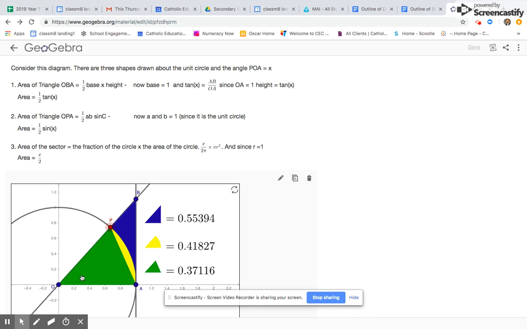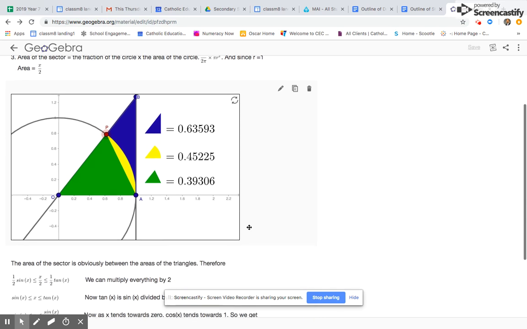If you remember radians, 360 degrees was 2 pi. So what we get is theta over 2 pi times pi r squared from up here. But we know that r equals 1, so the area is x over 2. So this x over 2 must be between these two things, and you can see that.